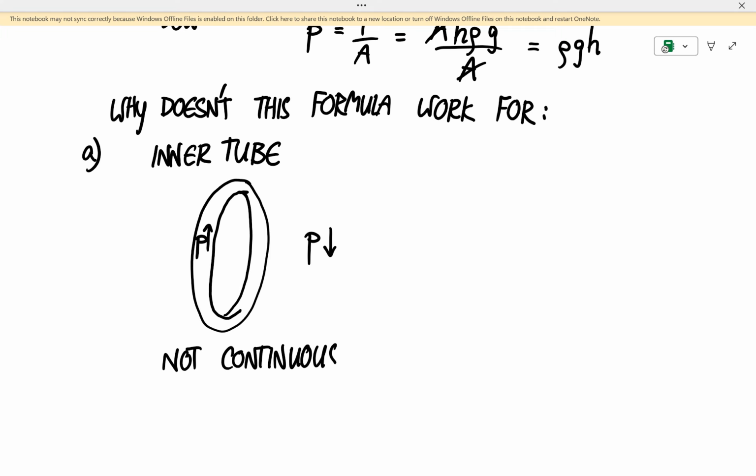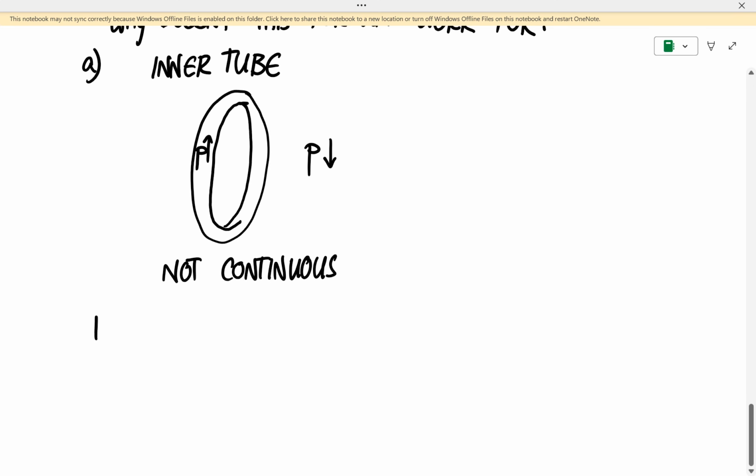Another thing that we're going to see a lot is what about fluid that's traveling through a pipe like this?